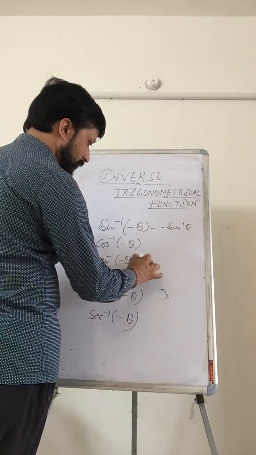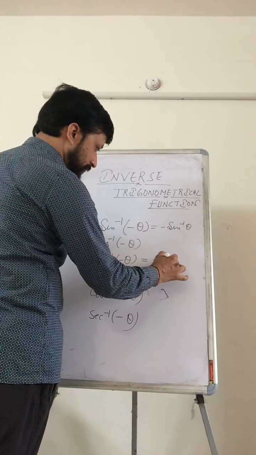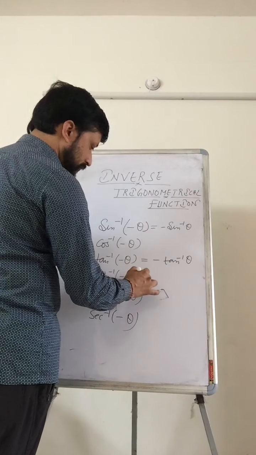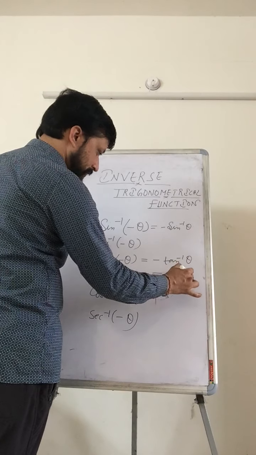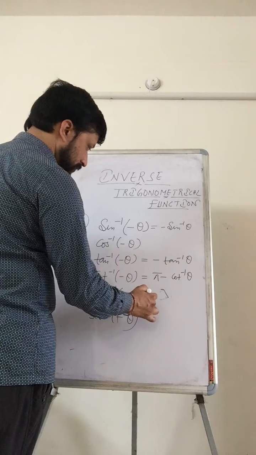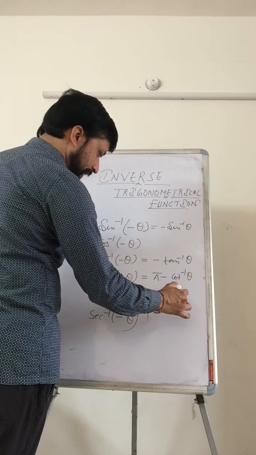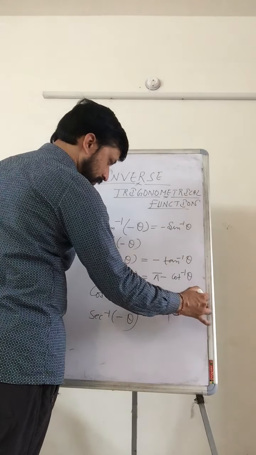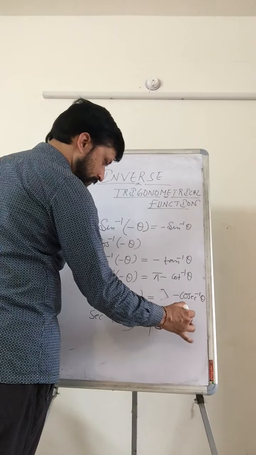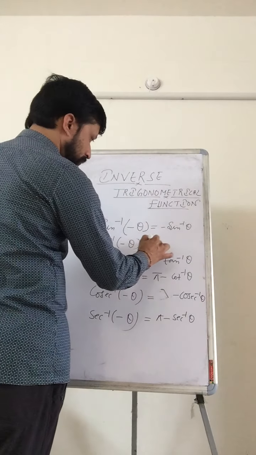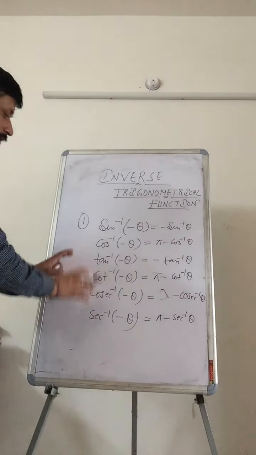For tan also it will be minus tan inverse theta. For cot it will be different: pi minus cot inverse theta. For cosec it will be minus cosec inverse theta, and for this it will be pi minus sec inverse theta, and for this also it will be pi minus cos inverse theta. So these are the formulas.